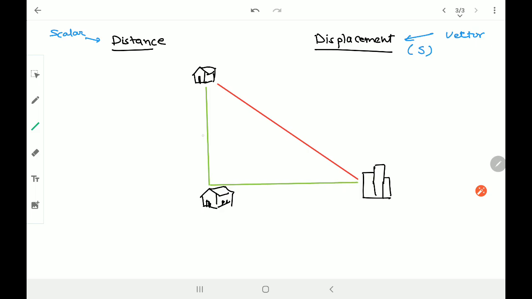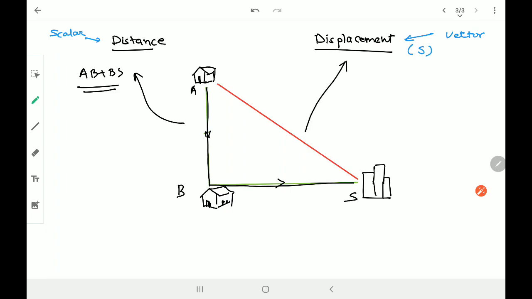Right? So now the path which I just walked on from point A to B and then to S, S is for school. This distance, that is AB plus BS, is called the distance. And the direct distance AS is called the displacement.